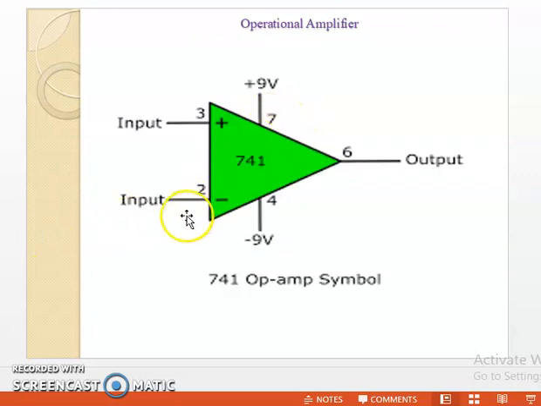Here you see carefully input terminals 2 and 3, inverting and non-inverting, the 7th terminal at 9 volt, minus 9 volt at the 4th terminal, and the 6th pin is for output of the 741 IC, that is the op-amp symbol.